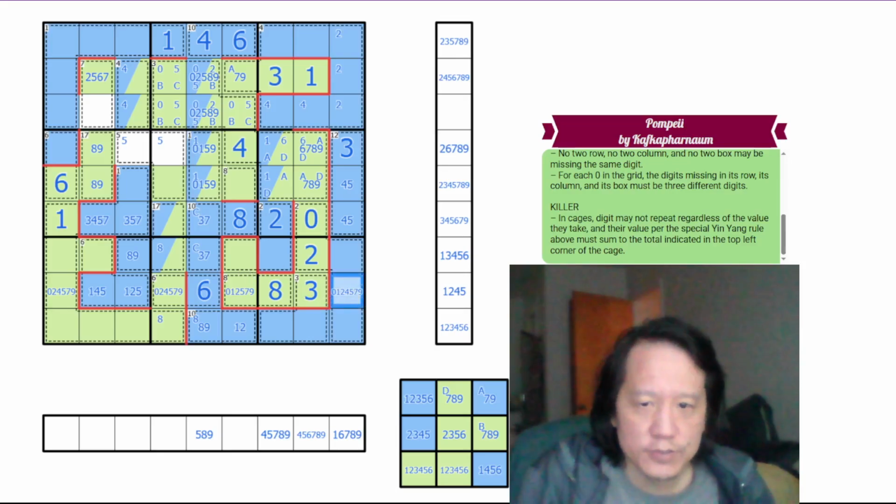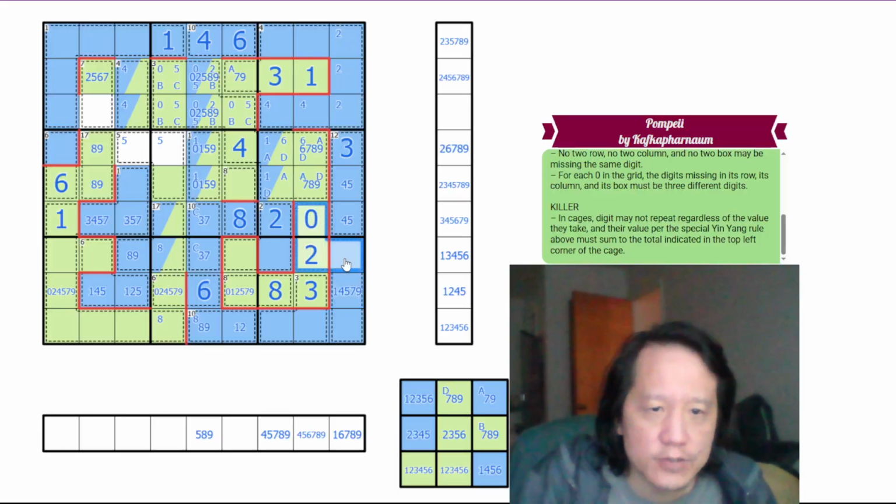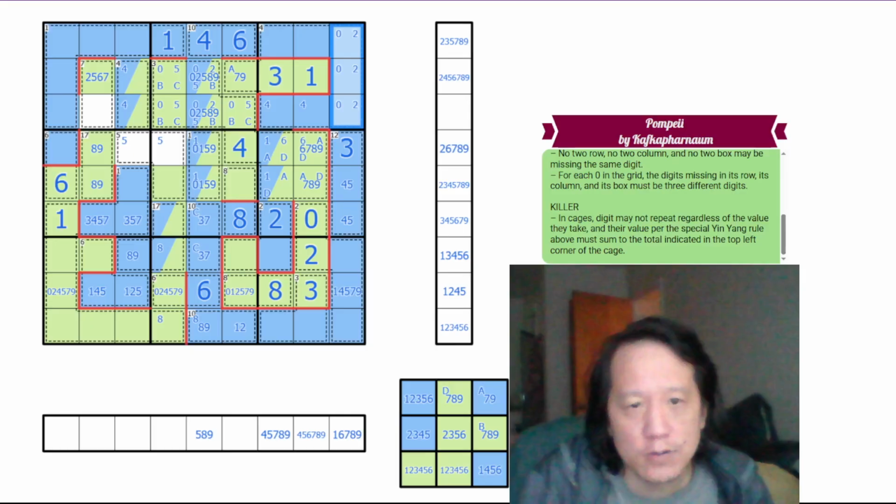This can't be 2 because it's... Oh, it cannot be 0 either. Aha! This 0 is in this cage, so it cannot be here, so therefore this must be 0 here.